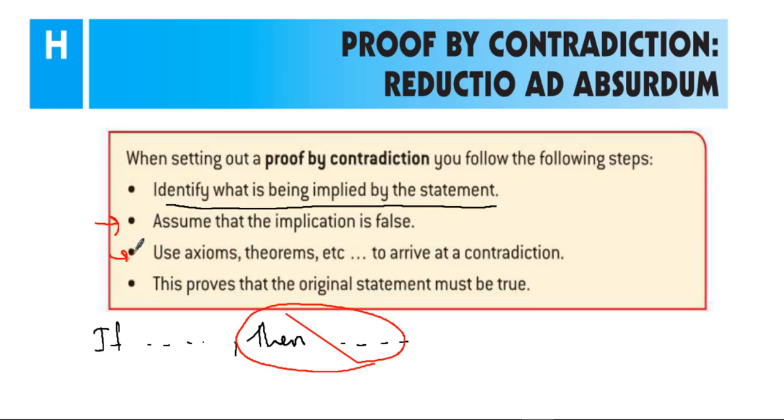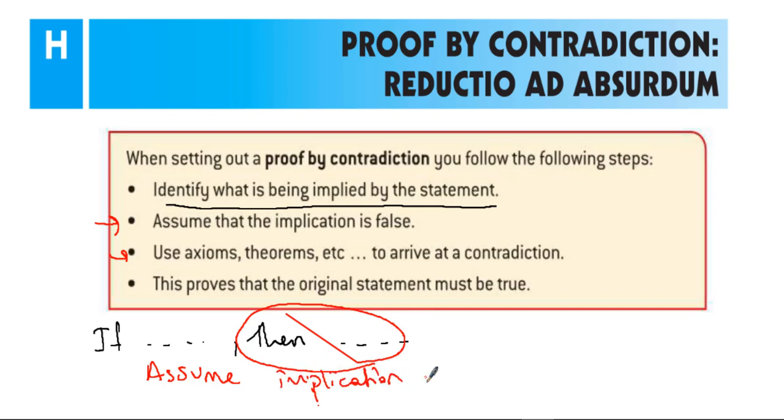Then we use mathematical theorems and axioms to arrive at a contradiction, some absurd result. If we arrive at this, then we say that our assumption was incorrect. So we find the implication, then always assume that the implication is false.